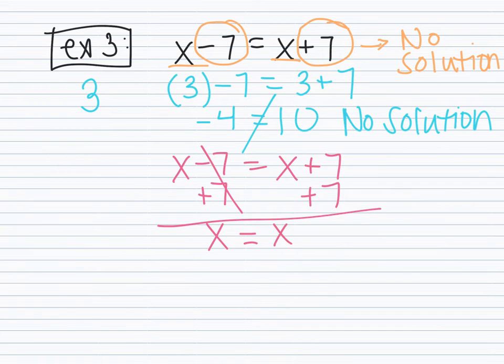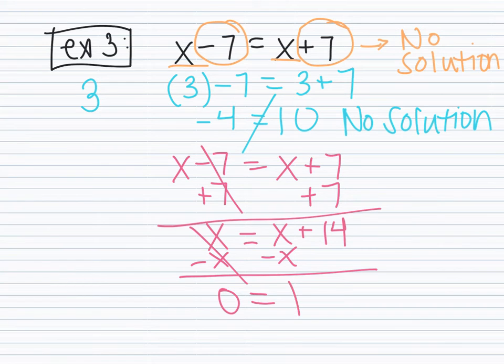Then we have x equals x plus 14. Again, no matter what number you plug in, you will not have a solution. If you try to get the variables by itself, these equal 0, and then you have 0 equals 14, which is no solution.